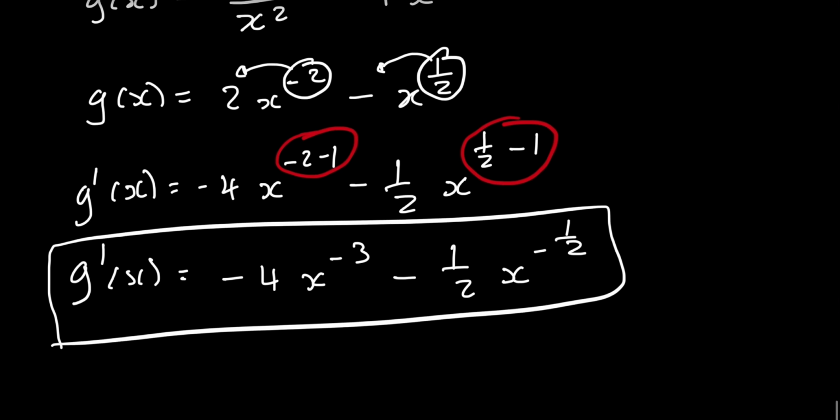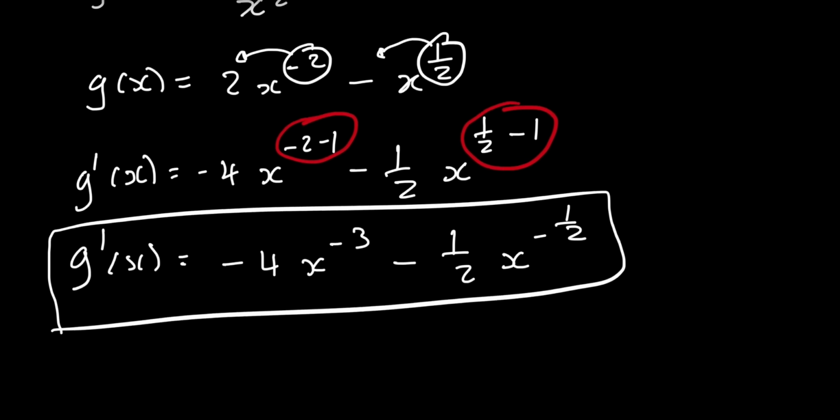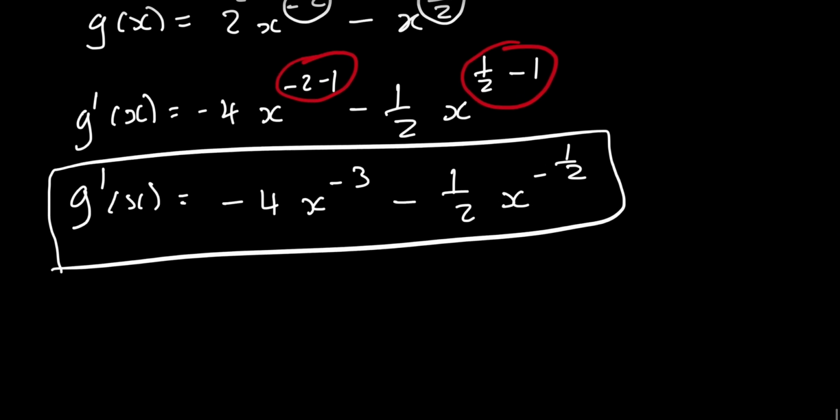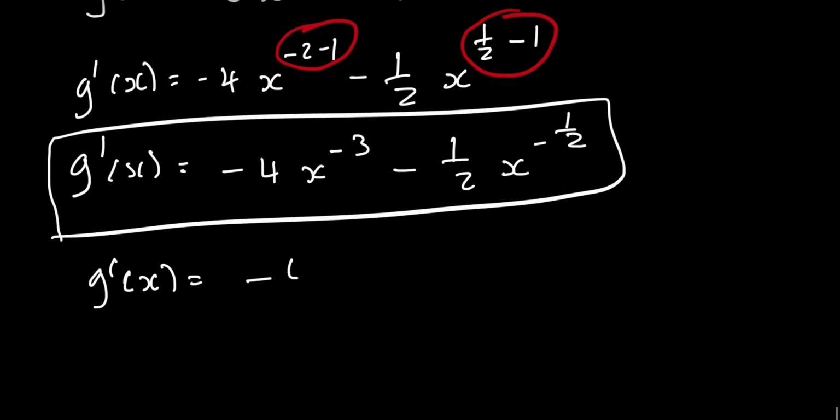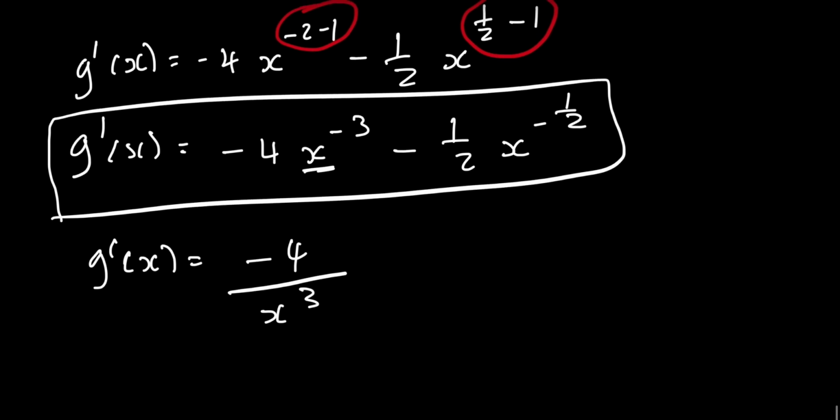So now if the question says you must leave your answers in a positive exponent, that is when you have to simplify this further. For example, you will say now your g prime of x is going to be equals to what? You're going to say minus 4. And then this thing here, you can take it down to the denominator by changing the exponent to be positive. So this is going to be all divided by x cubed. And then now if you look at this, what we have now, you can actually take it down to the denominator.